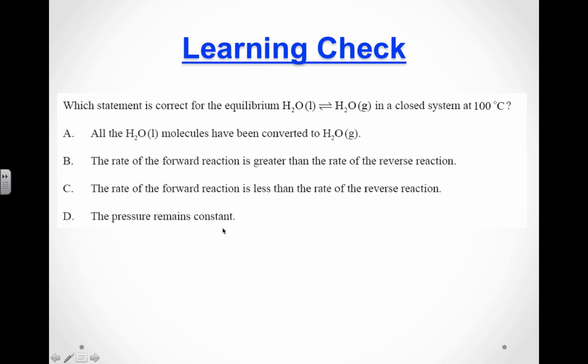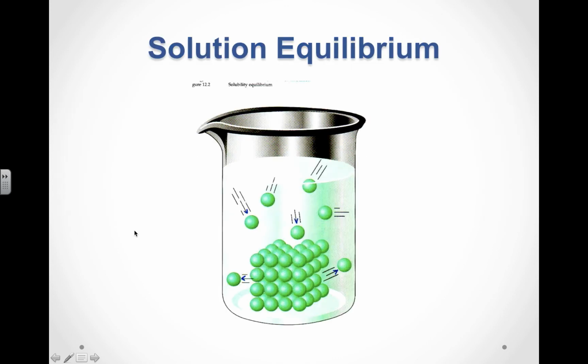That one's incorrect too. The pressure remains constant. Okay. You wouldn't really think about this, but the pressure would remain constant because the concentration of water vapor is constant, and that's what would be exerting pressure. So D is correct.